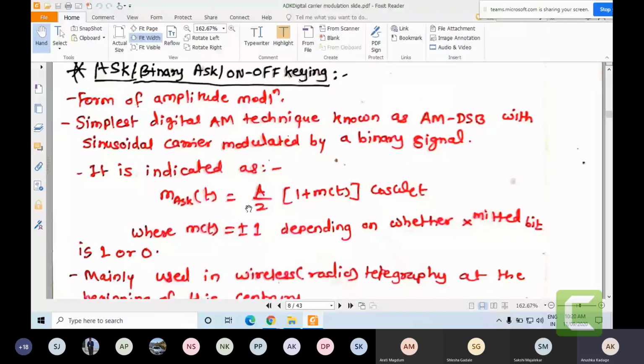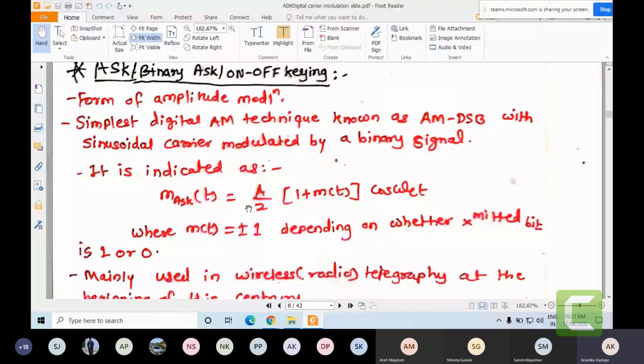If bk value is 1, m(t) will become plus 1, and because of that the presence of signal will be at that moment in the modulated output. But if the bk value is 0, then m(t) will become minus 1, and because of that there will be absence of signal in the ASK modulated output.